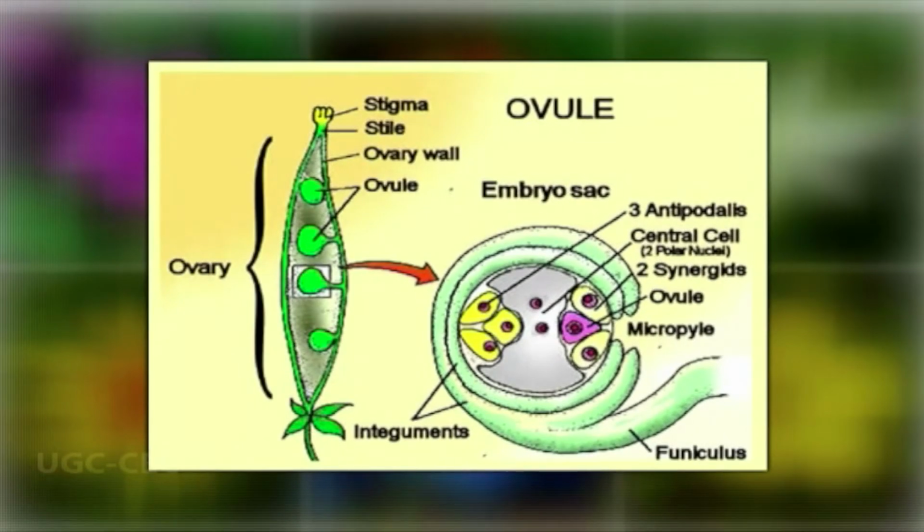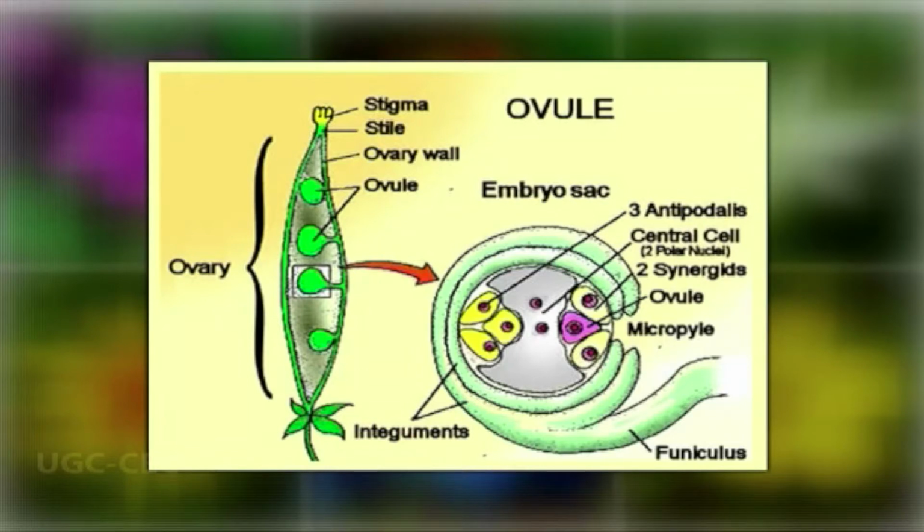Before fertilization, the ovule consists of 1 or 2 layers of integuments surrounding the remains of the megasporangium called the nucellus and an embryo sac with a small number of cells and nuclei, including 1 egg cell and 2 polar nuclei, which together with a sperm cell form the primary endosperm nucleus.